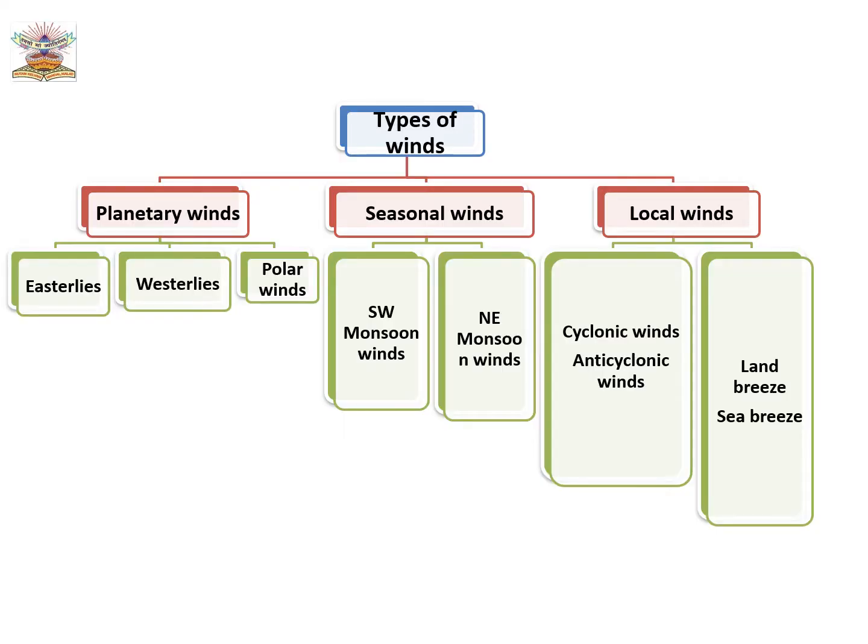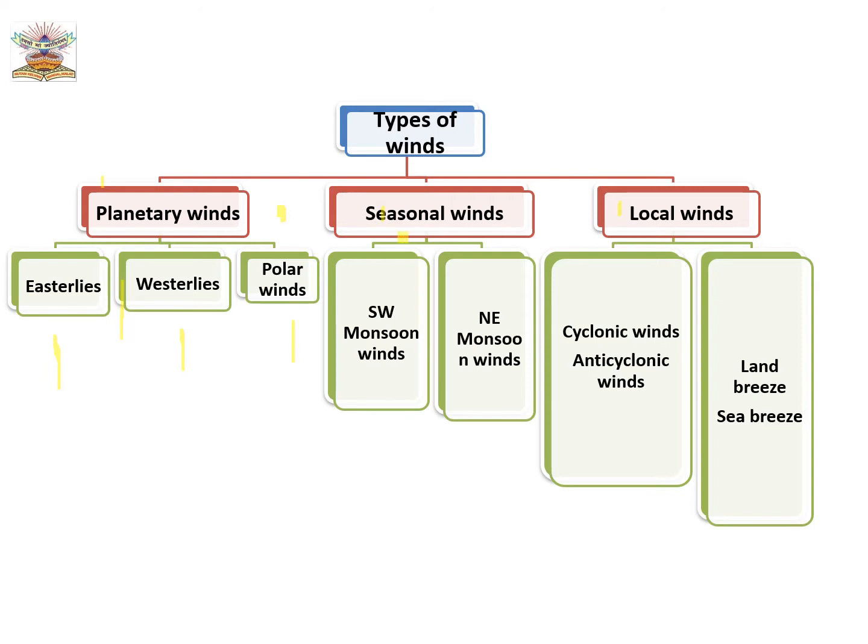There are different types of winds. We will see the different types. They are planetary winds, seasonal winds, and local winds. Now, planetary winds are further classified into easterlies, westerlies, and polar winds.